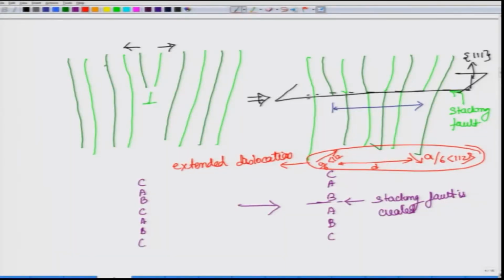But a more important aspect is that now we have a stacking fault energy over here, which means that there will be some energy associated to the region wherever this stacking fault has been created.